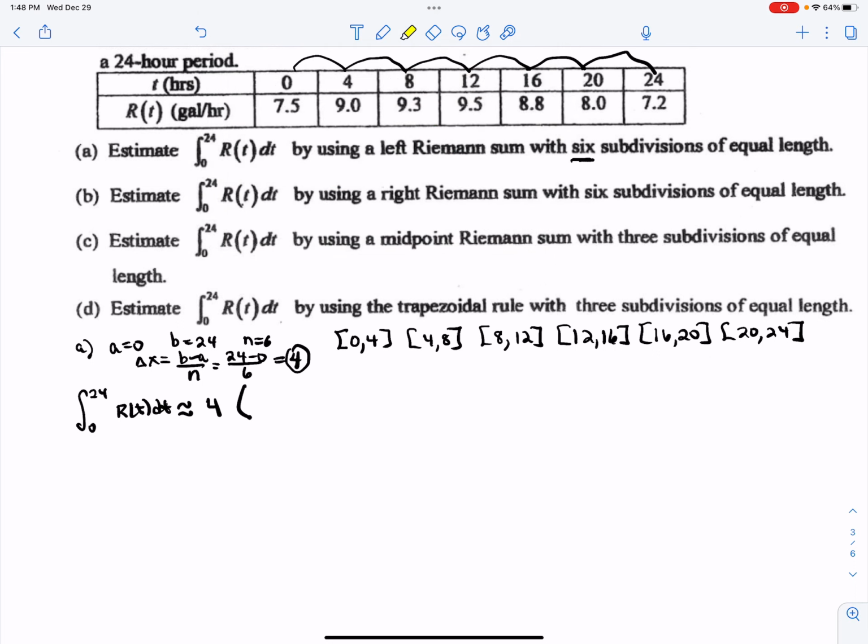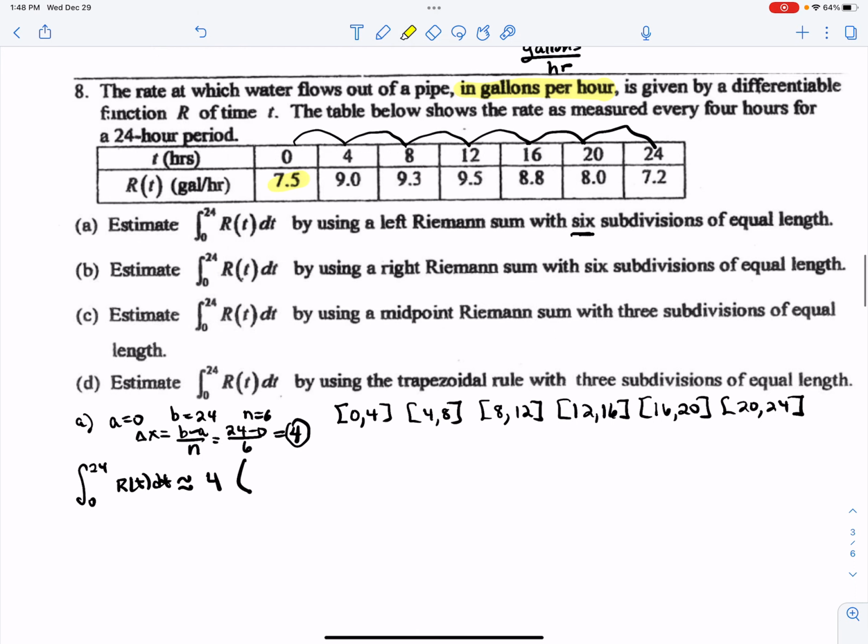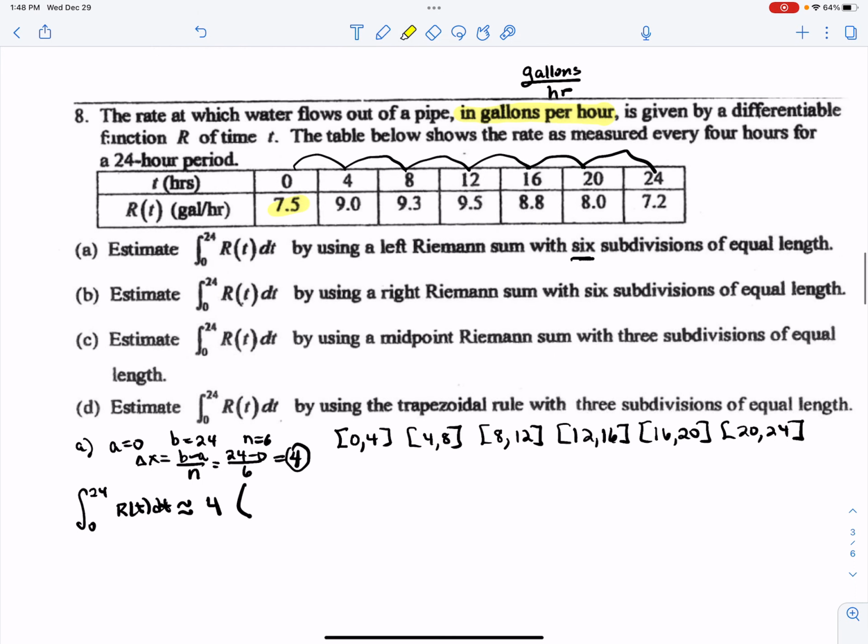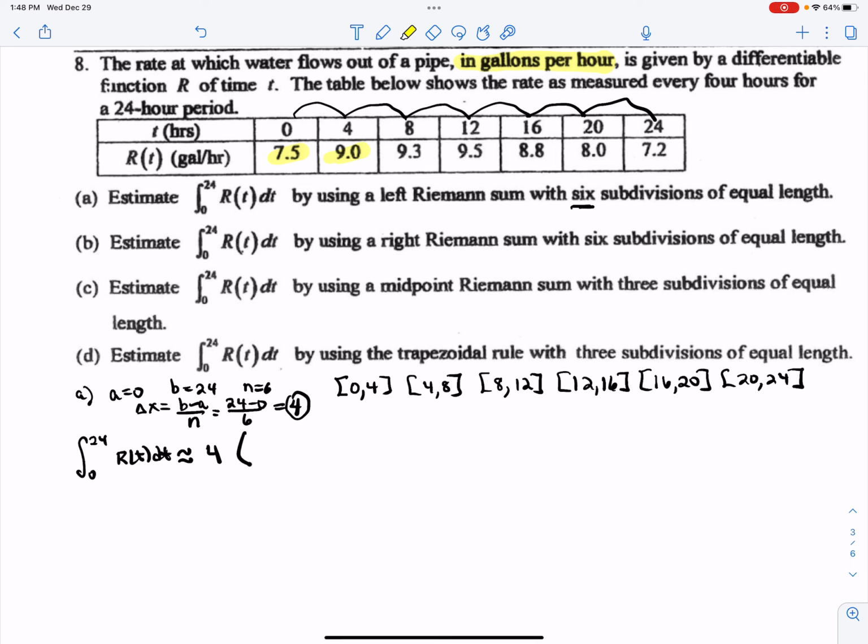We're going to put this in yellow. 7.5 for the first subinterval, 9 for the second, 9.3 for the third, 9.5 for the fourth, 8.8 for the fifth, and 8 for the sixth. So let's add those up.